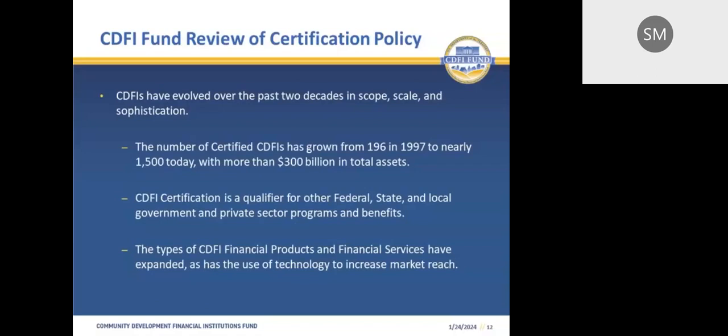CDFI certification has become a brand in itself and a qualifier not just for CDFI Fund resources, but for other federal, state, and local government, as well as private sector programs and benefits. And the types of CDFI financial products and financial services have expanded, and CDFIs have used technology to increase market reach.